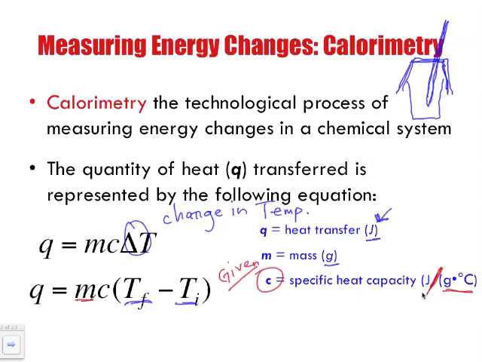So grams is actually going to cancel out with the grams for mass. Degrees Celsius is going to cancel out with the temperature degrees Celsius, which will leave us with joules as our units of energy, which is what we want if we're trying to find the heat transfer, that Q is in joules, as we said. And finally, delta T is a change in temperature.